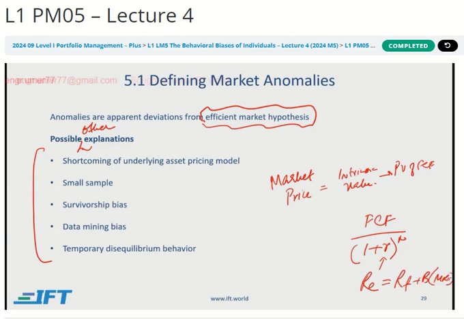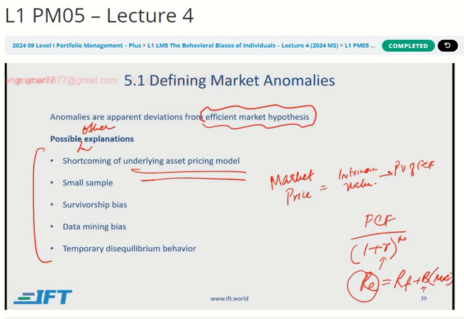And you know that the capital asset pricing model has been observed to be not very realistic. The projected required return on equity based on the beta of a stock has been different than what that stock has actually returned in reality going forward. So, of course, there is a shortcoming of the underlying asset pricing model.